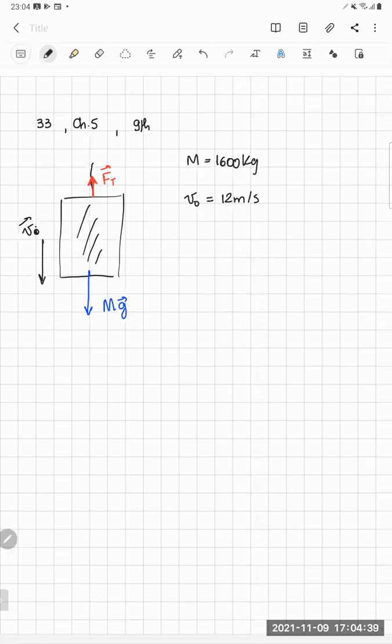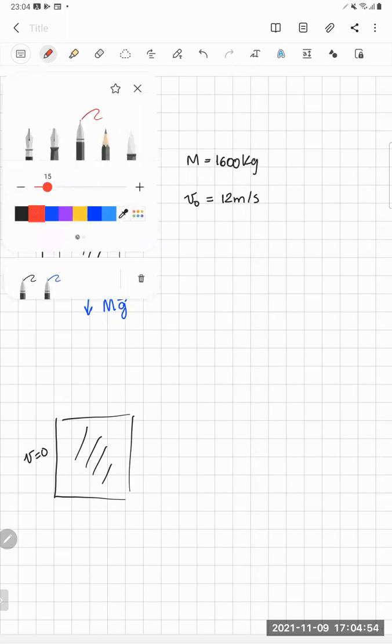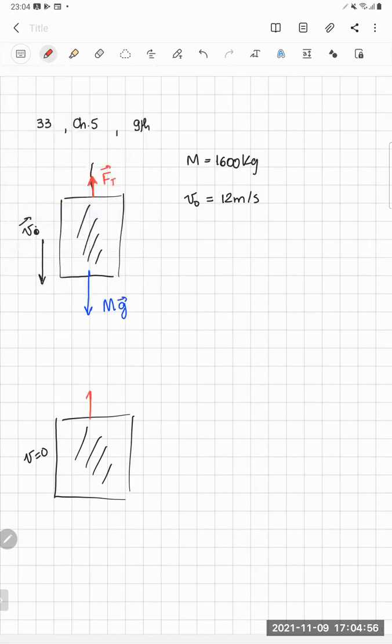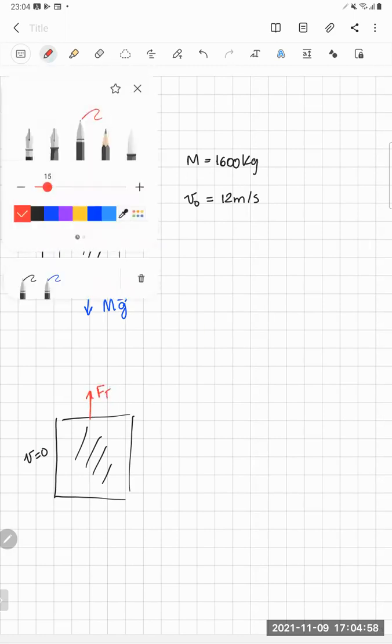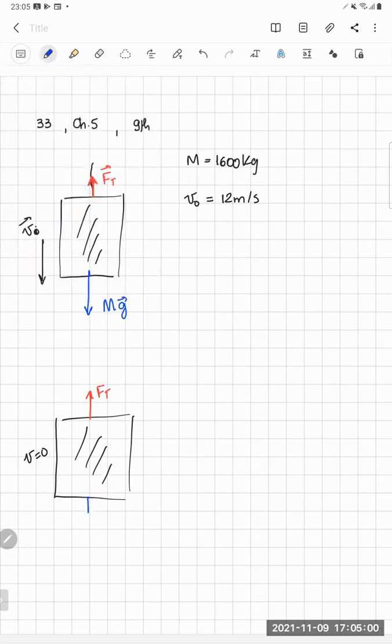It goes down, moves a certain distance, and then finally stops. When it reaches this position, V becomes 0. The forces are still the same: the tension and the gravitational force, the weight of the elevator.